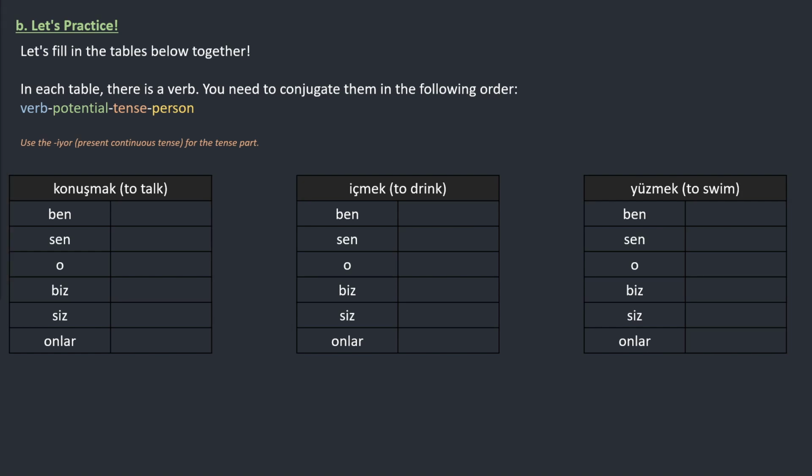So what we are doing here, we are saying like I can talk, you can talk, he, she, it can talk, we can talk, you can talk, they can talk, and also I can drink, and also I can swim. This is what we are practicing here. So let me see the answers.